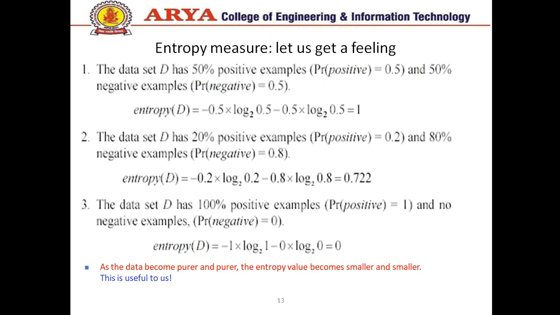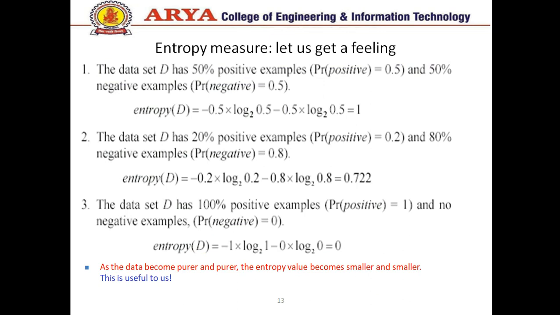So here we have entropy conditions. Now we move further. This is the entropy measurement. If the data set has 50% positive and 50% negative, in that case your entropy will always be 1.